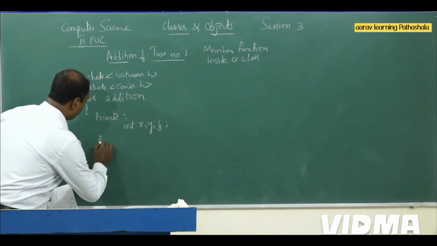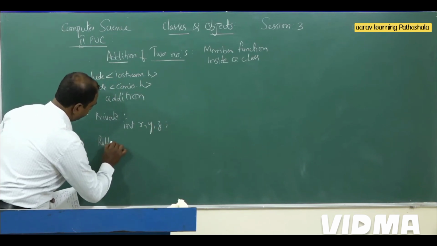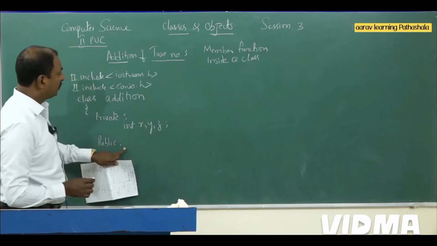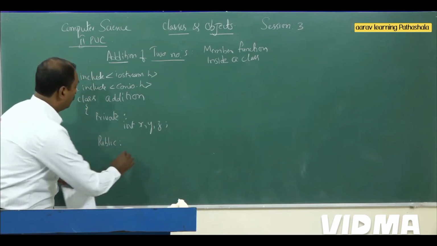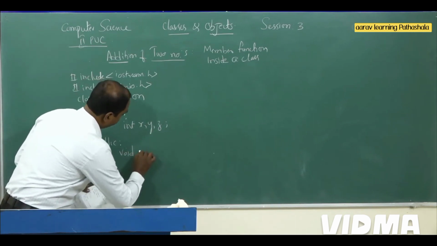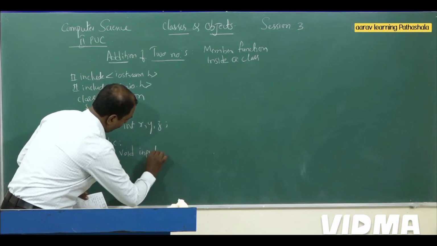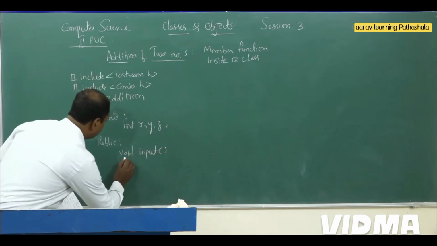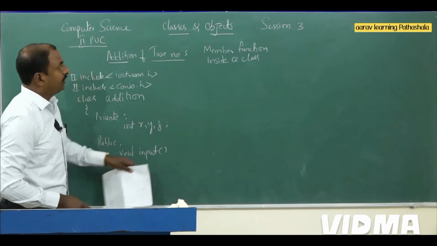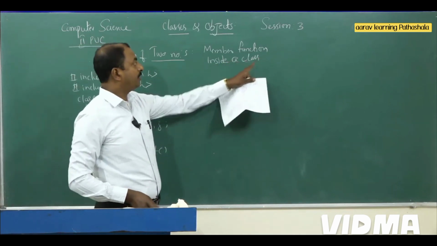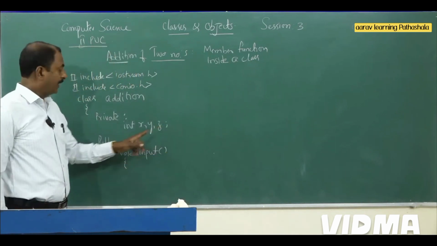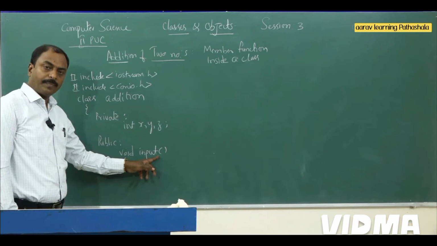Under public, I am going to write a function. The first one is void input, and I am going to write its function definition now. See, that is the meaning of a member function inside a class. Here these are the data members, and this is a function, or member method.